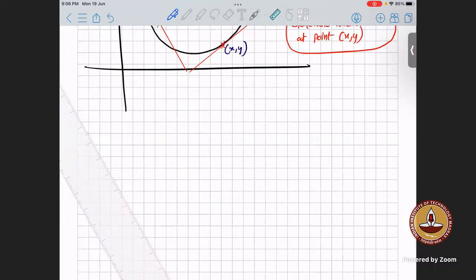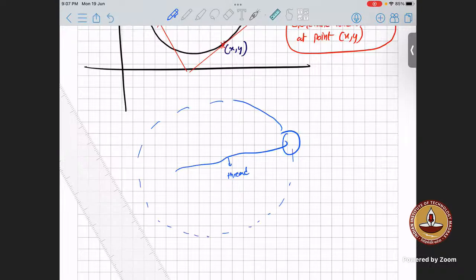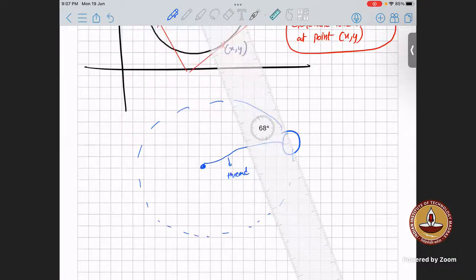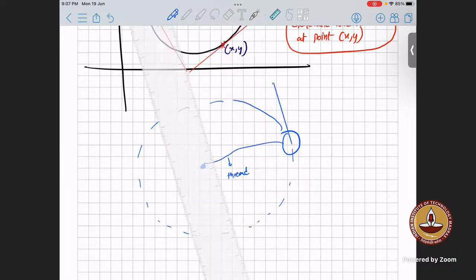Suppose you tie a strong thread to a rock and keep on swirling it. If you leave it, it will go in this direction.